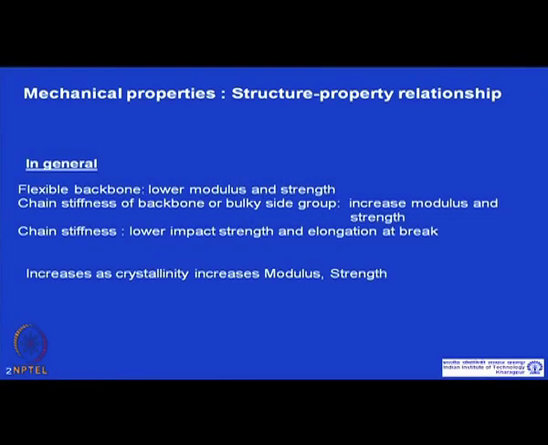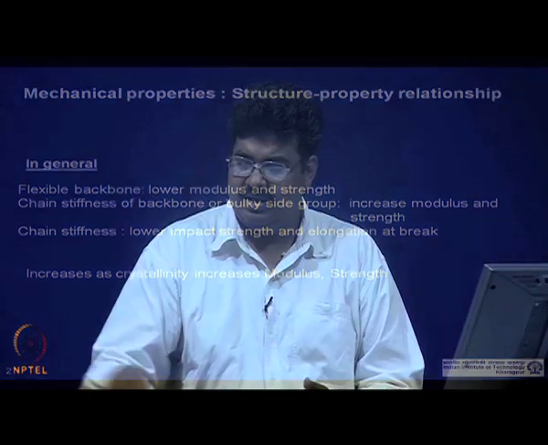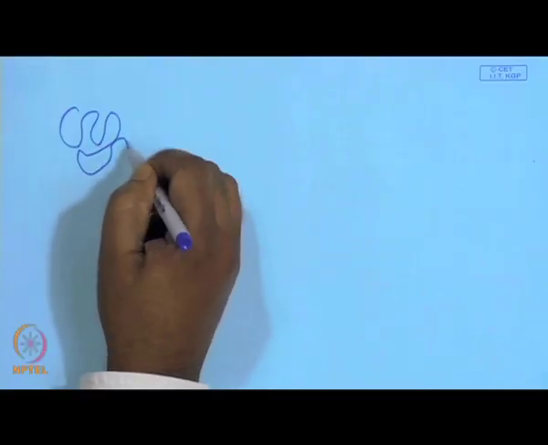At the last part of the lecture, we discussed the relationship between the mechanical properties and chemical structure or polymer chain properties, and we found that in general, if you have a flexible polymer chain backbone, then it is easier for somebody to apply stress and deform.